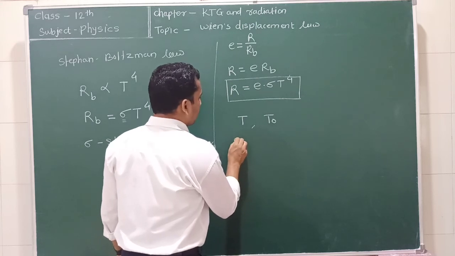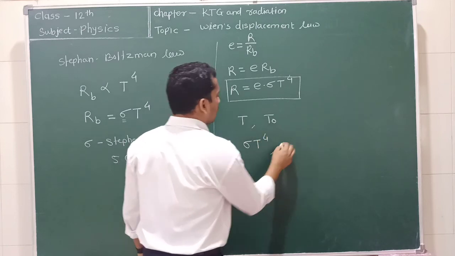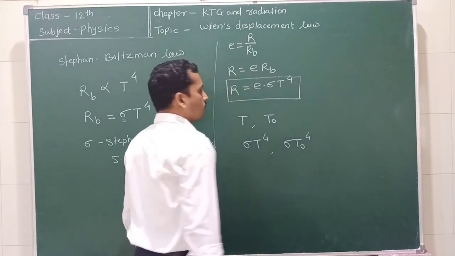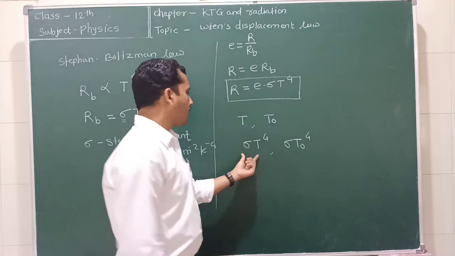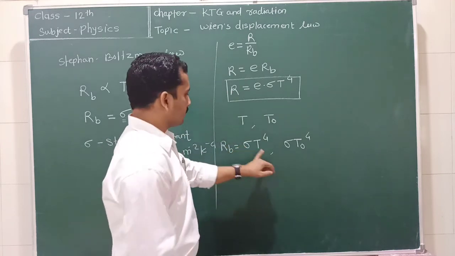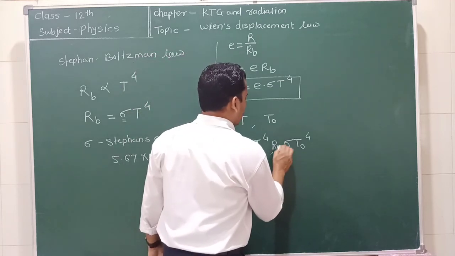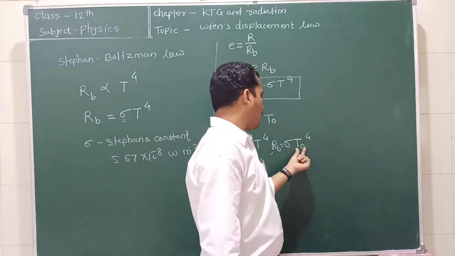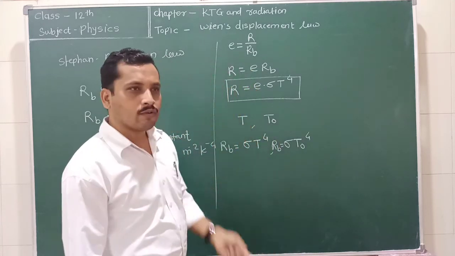The energy emitted is proportional to sigma into T to the power 4, and the energy absorbed by the perfectly black body is sigma into T0 to the power 4, when it is at the surrounding temperature T0 and its absolute temperature is T.